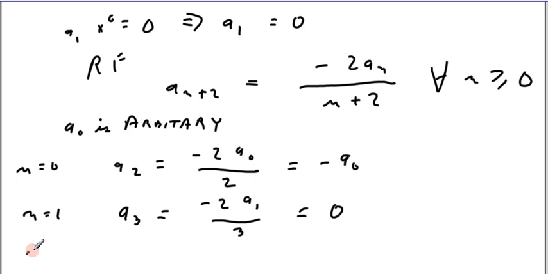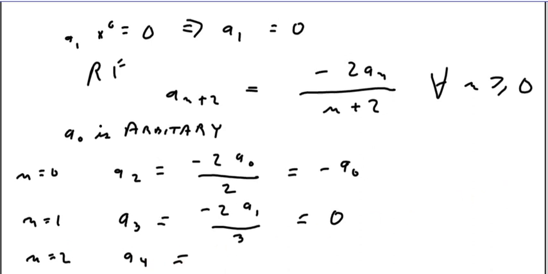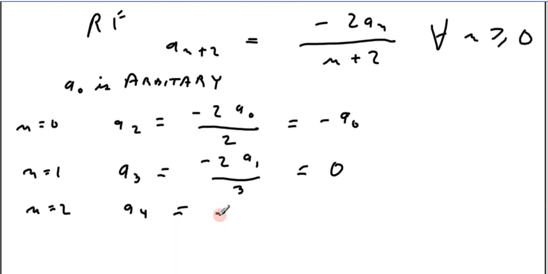At n is equal to 2, I have a4, and a4 is going to be minus 2a2 divided by 4, and a2 is minus a0, so this is going to be 1/2 a0.